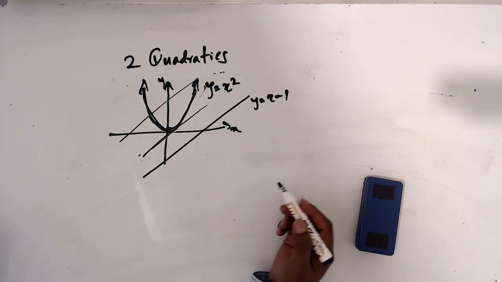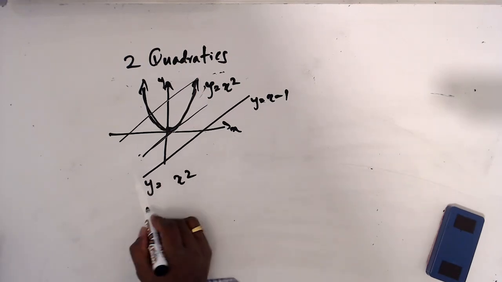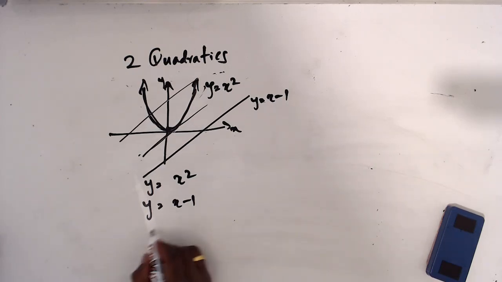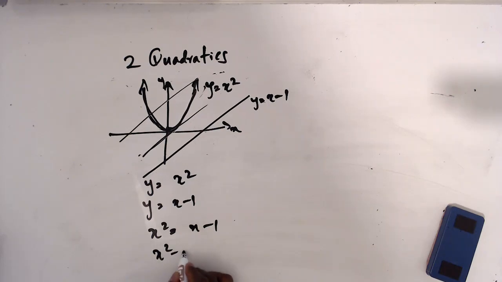We'll find it now. So y equals x squared and y equals x minus 1. I'm going to solve this equation: x squared equals x minus 1, so x squared minus x plus 1 equals 0. So ax squared plus bx plus c equals 0.